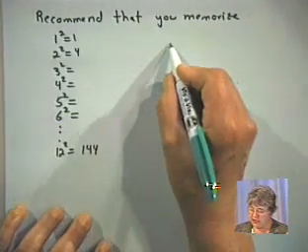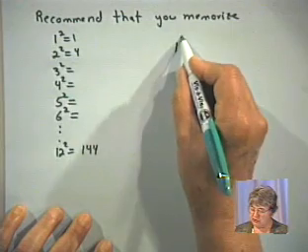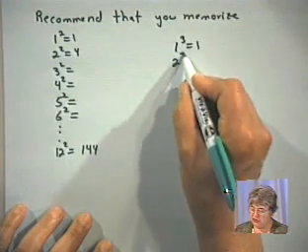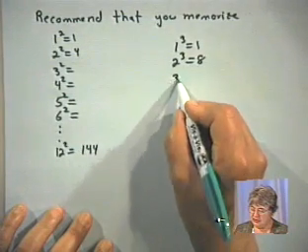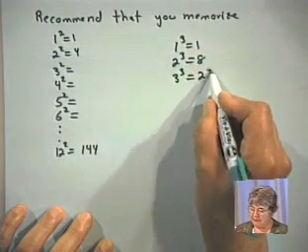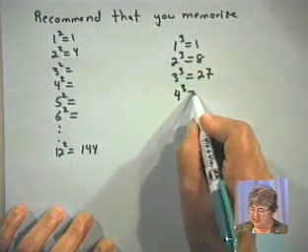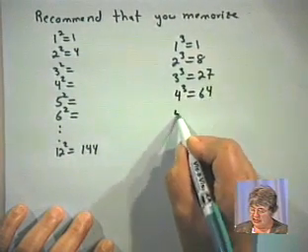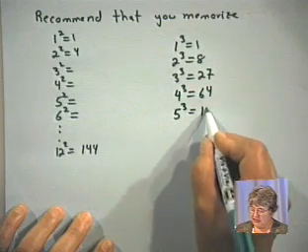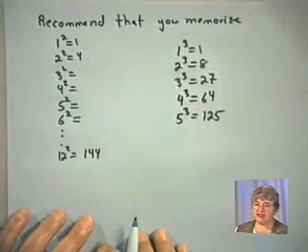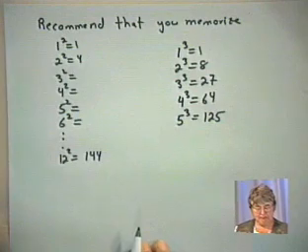And I would also recommend that you memorize the cubes. 1 cubed is 1, 2 cubed is 8, 3 cubed is 27, 4 cubed is 64, and let's stop at 5 cubed. This will save you a lot of time. Okay?